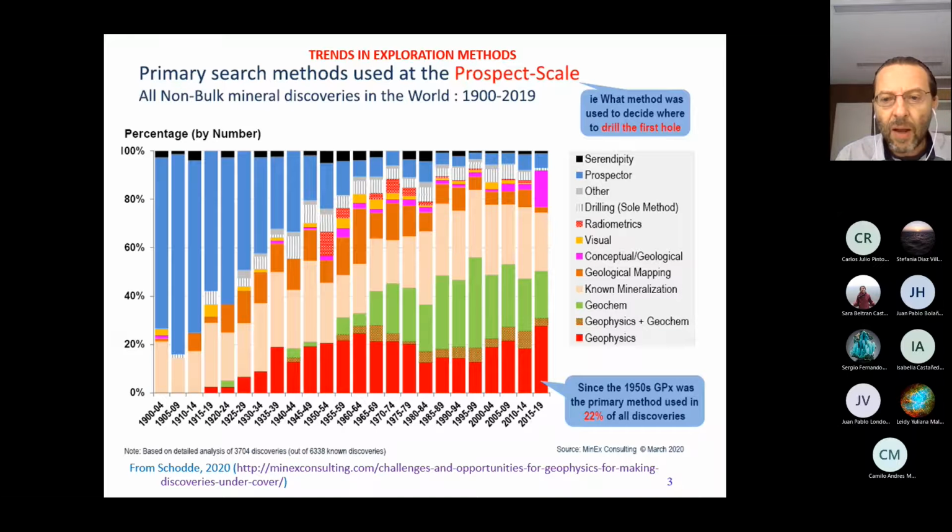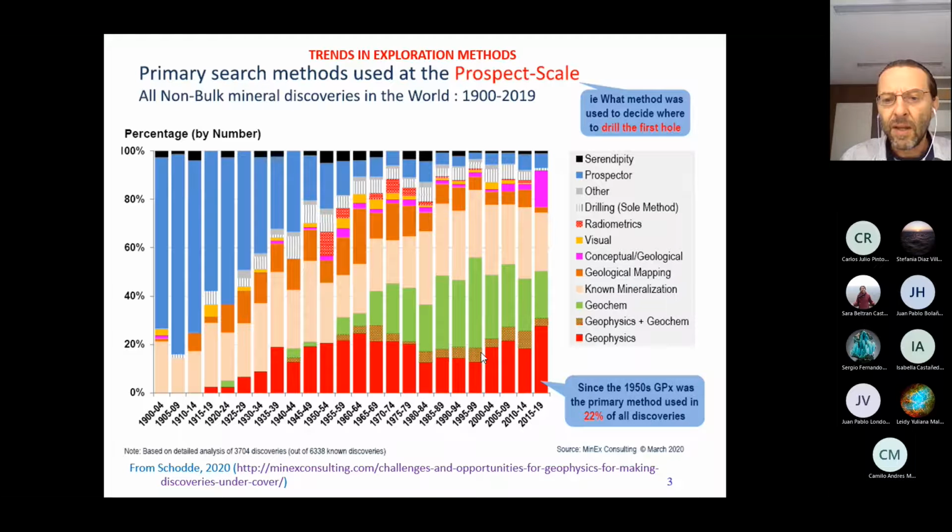But as you can see, as we move up in time, we kind of run out of what's at the surface. So we have to use other methods to find the deposits. And you can see a combination of different methods here. But what I want to point out is what you see here at the bottom in red and in green.